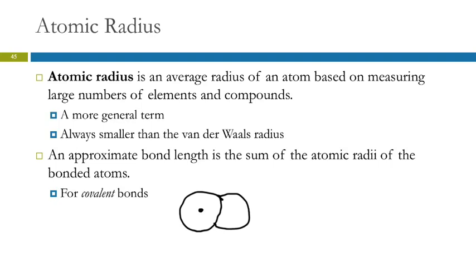If I have these two atoms that are bonded together, I can look up the atomic radius for this one, and I can look up the atomic radius for this other one, and I can say that that bond length is the sum of the two radii. It's not going to be exact, but usually we just need to know approximately, and it's good enough. They can be measured exactly for that specific molecule, but most of the time we don't need that.